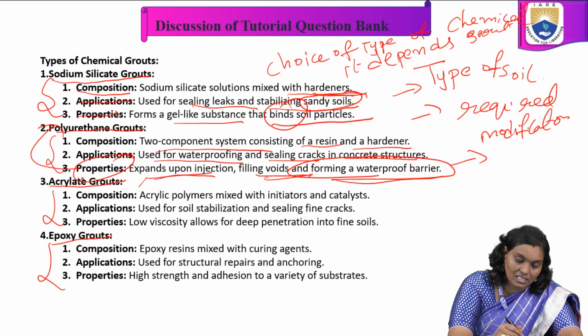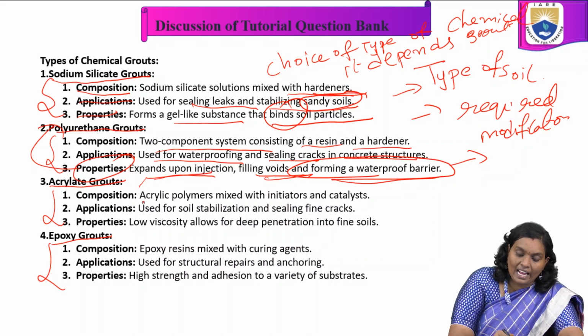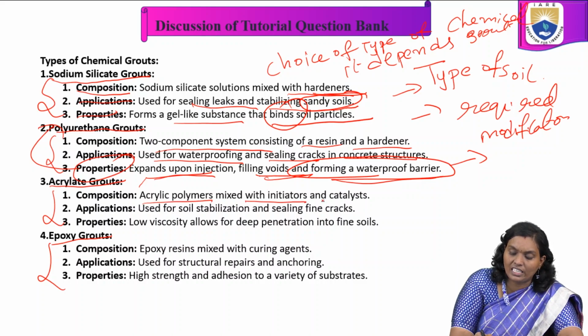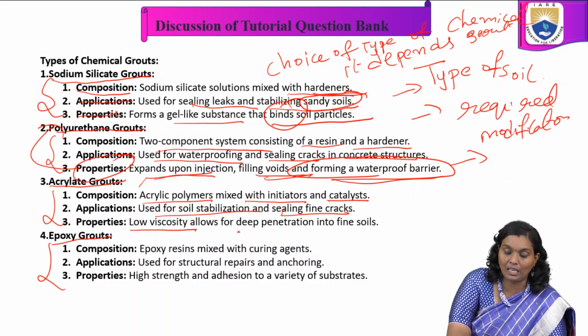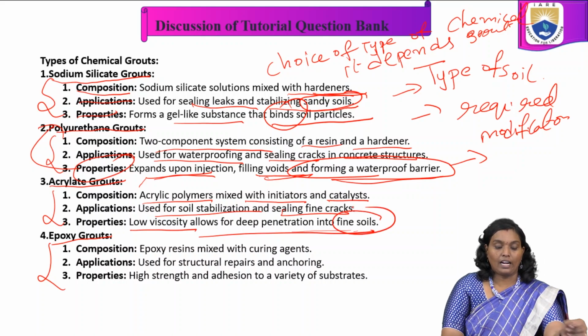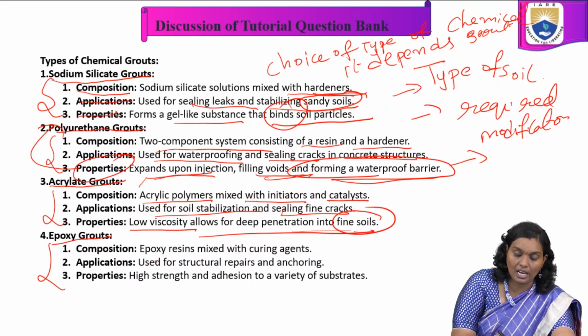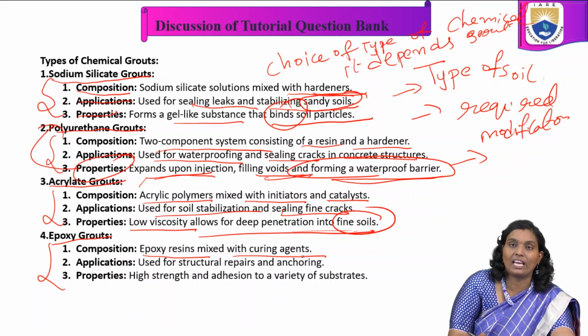Now the next one is the composition, acrylic polymers mixed with initiators and catalysts. This is used for soil stabilization and sealing fine cracks. These properties are low viscosity. Whenever we require, the low viscosity allows for deep penetration into the fine soils. And epoxy grouts, the composition is epoxy resins mixed with curing agents.